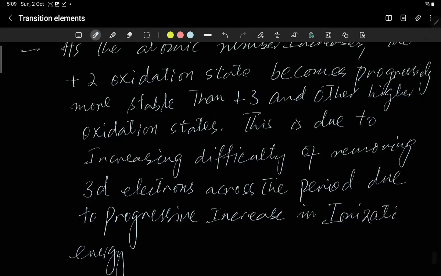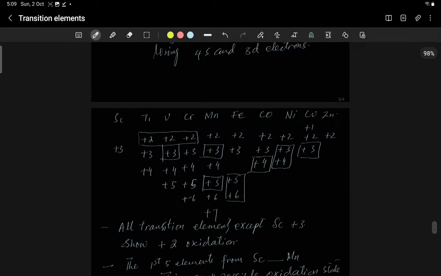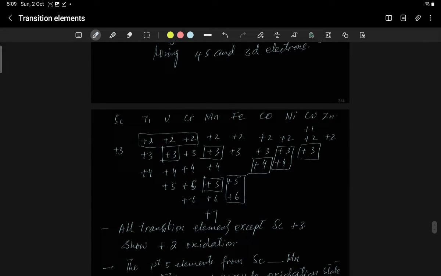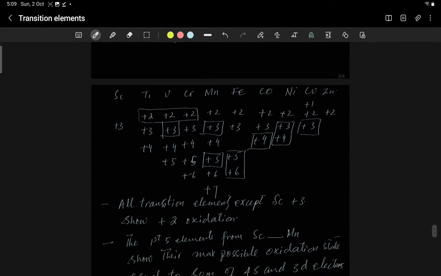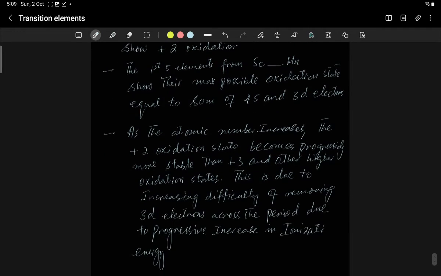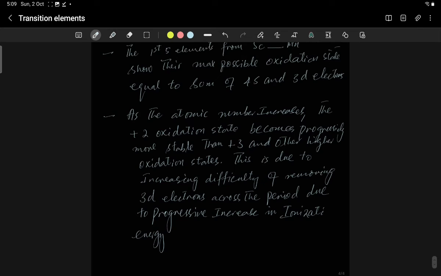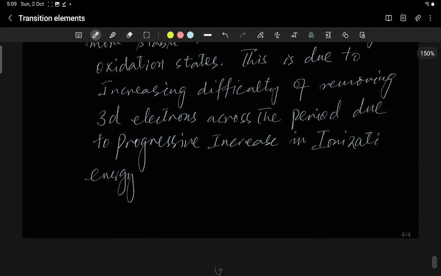So hope you will understand all these points regarding the charges of the transition elements, so that why they have variable oxidation state and why they have different stability, and which ions are stable and which ions are unstable.